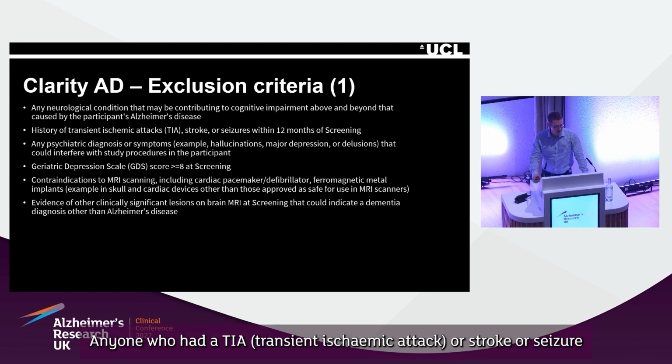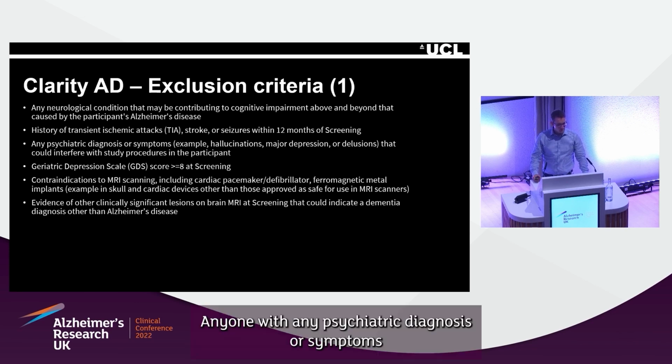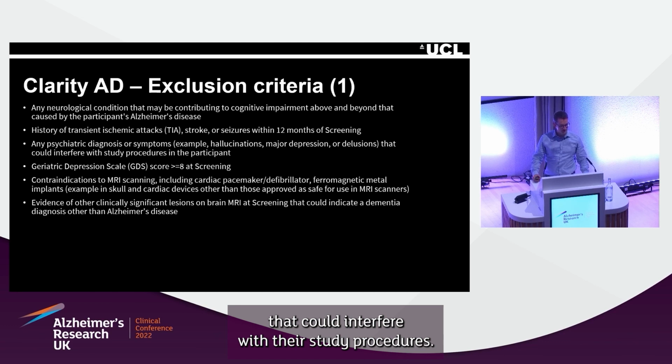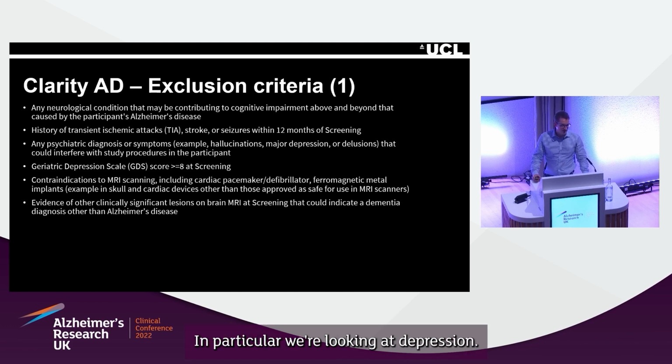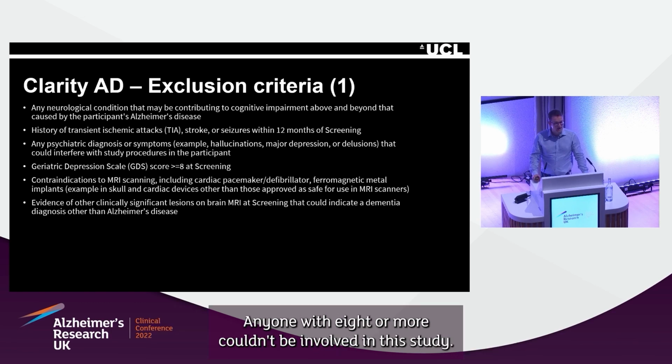Anyone who had a TIA or stroke or seizure within the 12 months before screening. Anyone with any psychiatric diagnosis or symptoms that could interfere with the study procedures. And in particular, they were looking at depression. So the GDS scale is out of 15, 5 or more suggests probable depression, and anyone with 8 or more couldn't be involved in this study.